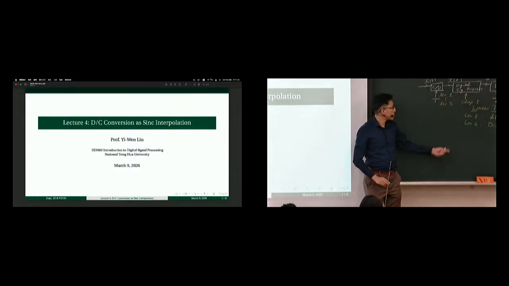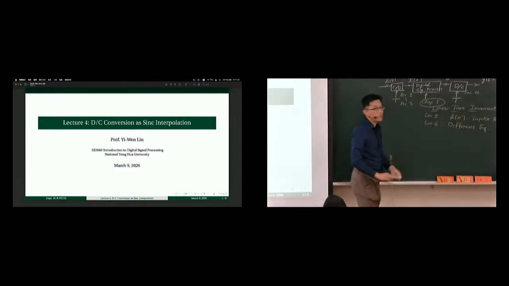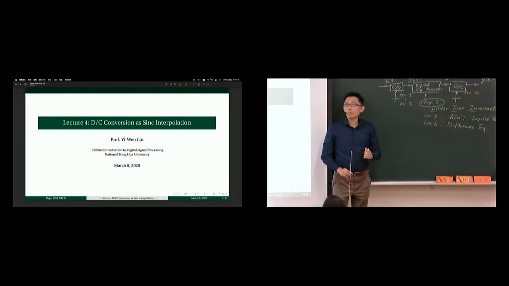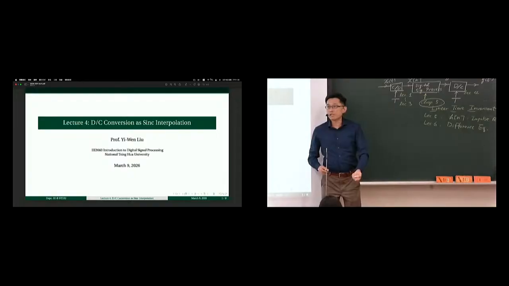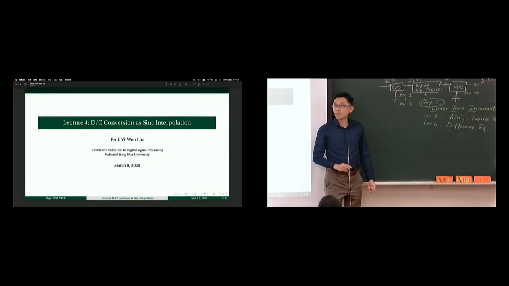But generally, if we look back to chapter 5 of the textbook, it's all about analysis. Chapter 5 is all about analyzing LTI systems. That is to say, if you're given a difference equation, you know how to analyze its spectral or frequency response, gain and phase responses, and so on.